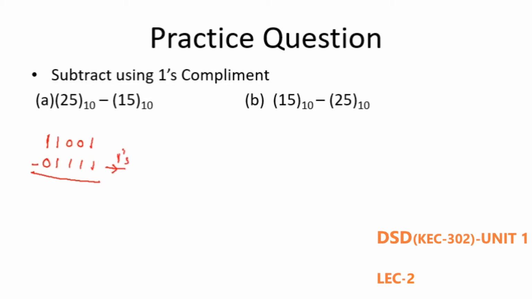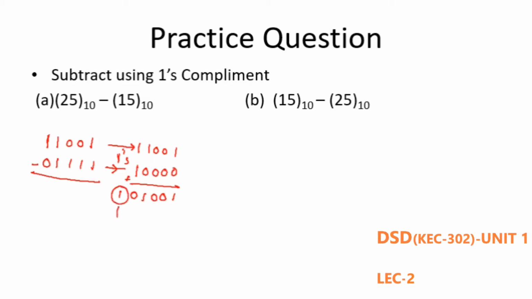If I find the 1's complement of this number, it will be 1 0 0 0 0, and this number will be copied as it is, 1 1 0 0 1. If I add these numbers, 1 plus 0 is 1, then 0 plus 0 is 0, 0 plus 0 is 0, then 1 plus 0 is 1, and then 1 plus 1 is 0, carry 1. So there is a carry here.